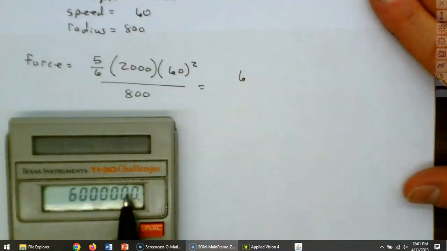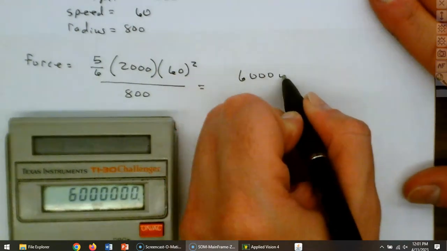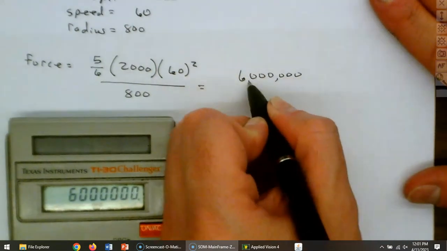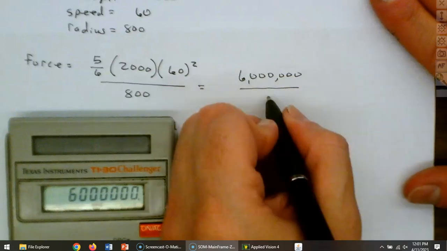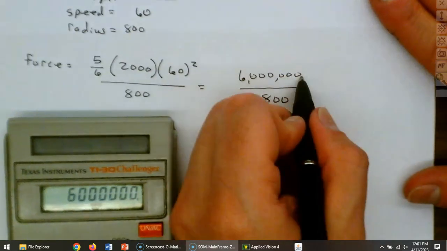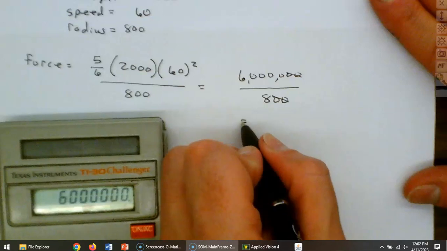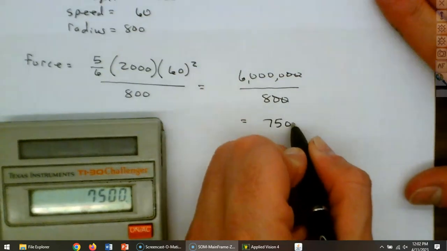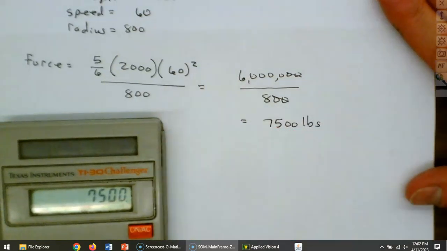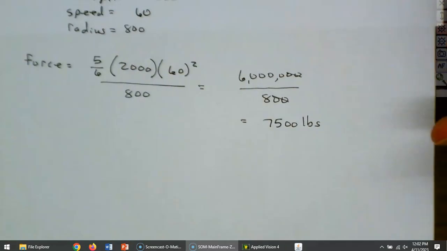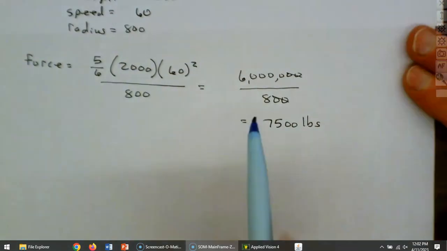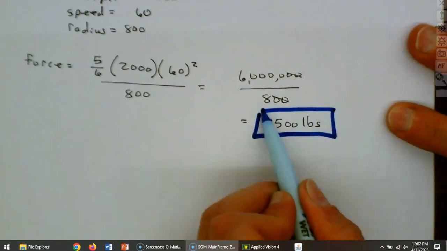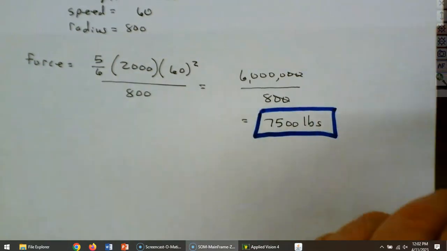And we've got 1, 2, 3, 4, 5, 6 zeros. And we're going to divide that by our 800. We'll cancel the 2 zeros out. And that gives you now, divide that by your 800. Okay, that gives you 7,500 pounds. Okay. So that takes care of that.